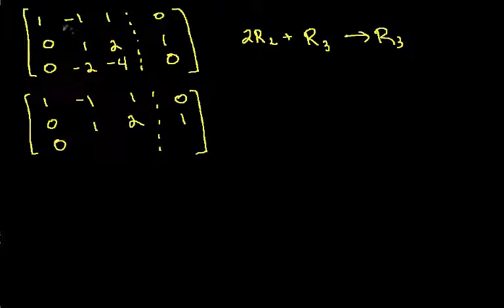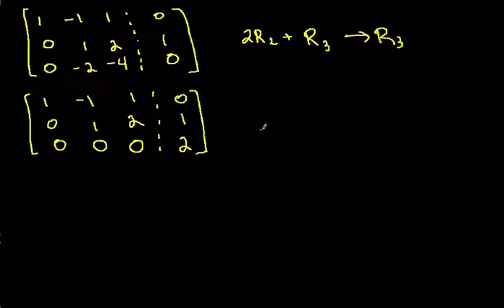The zeros just stay the same. Plus 2 times this 1 added to this negative 2 gives me a 0 here. Plus 2 times this gives me 4, added to this negative 4 gives me a 0 here, just like before. And then I have 2 times this 1 added to this 0 is a 2.